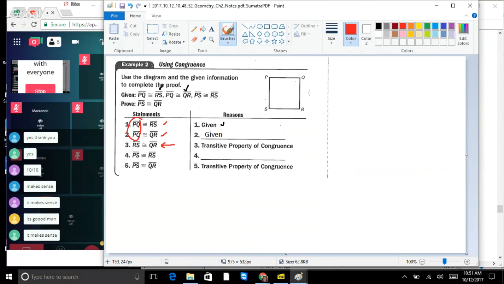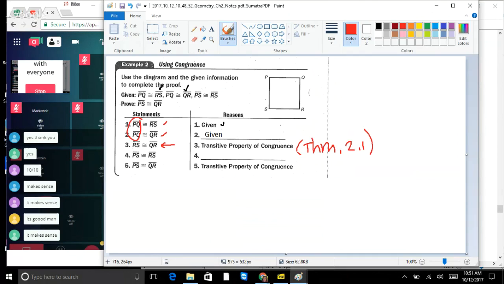We can conclude that because of the transitive property of congruence, or theorem 2.1. Remember, before we would have had to convert this to equality and use our properties, but because we have this theorem that says we can use the transitive property of congruence for congruent segments in theorem 2.1, we can just use that without having to prove it every time. It's kind of a shortcut to our steps.